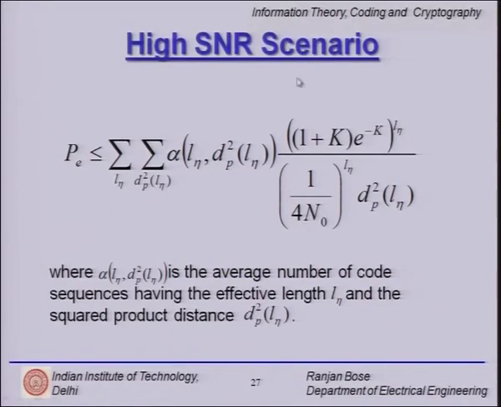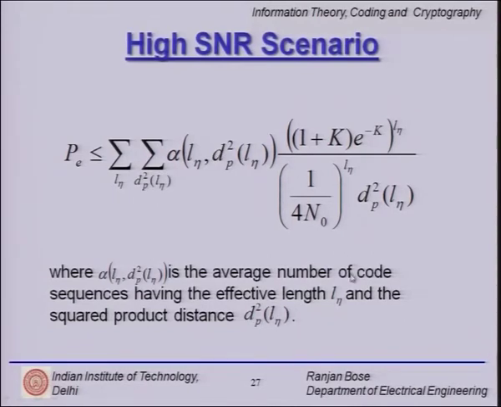So, if you talk about the high SNR situation, you can write the upper bound as P_e less than or equal to this summation over the effective length and summation over all the d_p squared with that effective length, and then you have this expression where this first term alpha, as a function of effective length and squared product distance, is the average number of code sequences having the effective length L_eta and the squared product distance d_p squared.